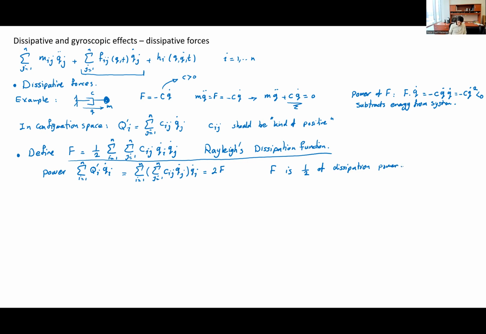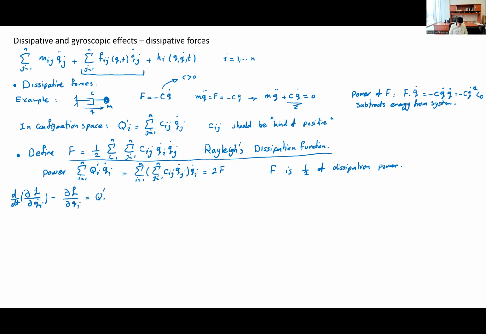And if we have this definition, it's very consistent with how we write the Lagrange equation. If you remember, Lagrange was d over dt of partial L partial q dot i, minus partial L partial q i.